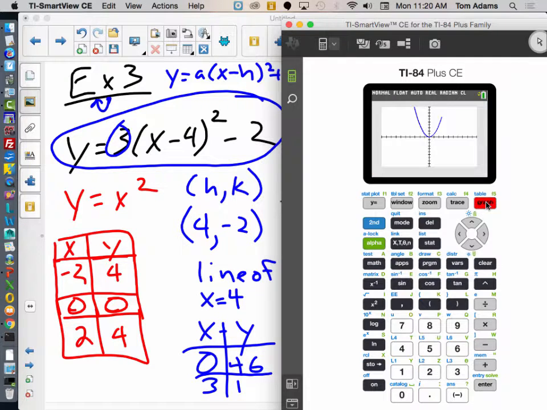And let's graph it. Yep, perfect. It's exactly where it should be. Any questions? Okay, cool.